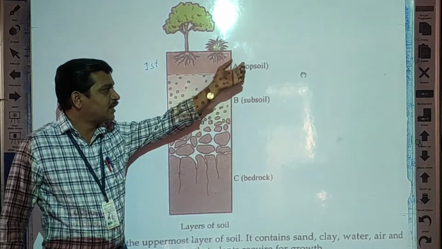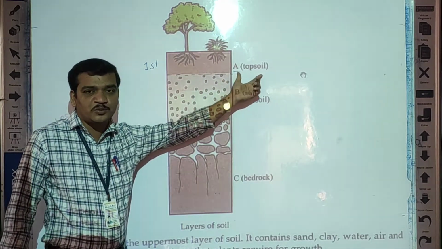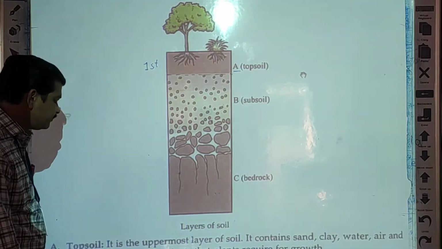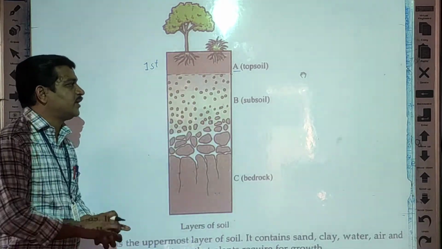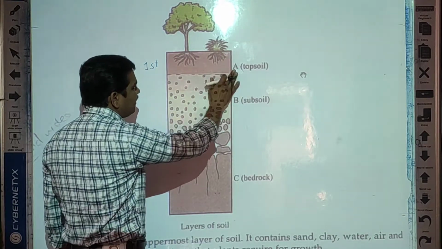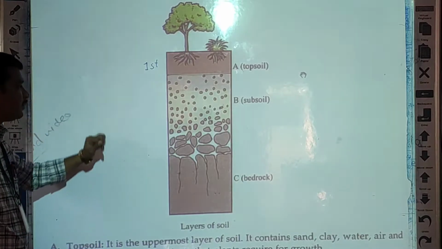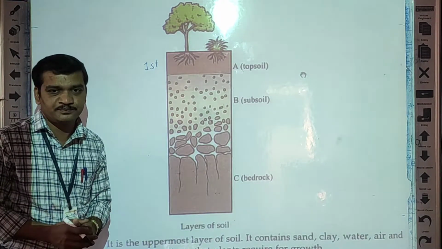So this is the first layer. It is also called the topsoil. So we can write here first point: topsoil is the uppermost layer of soil. Is it correct, students? Topsoil is the uppermost layer of soil.